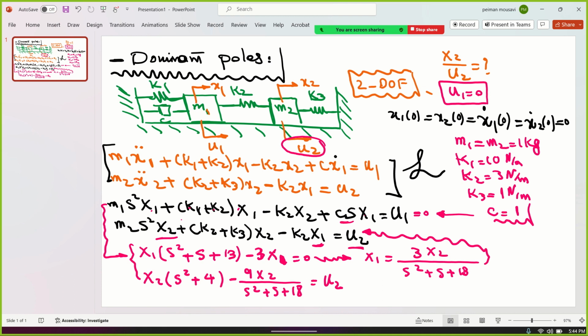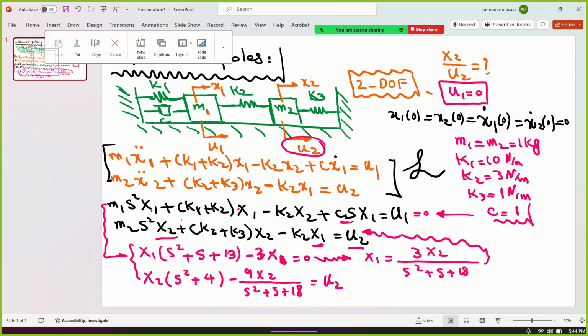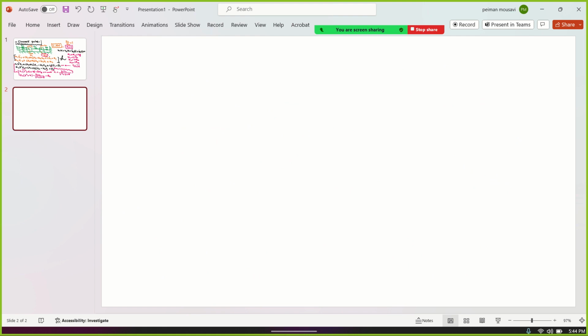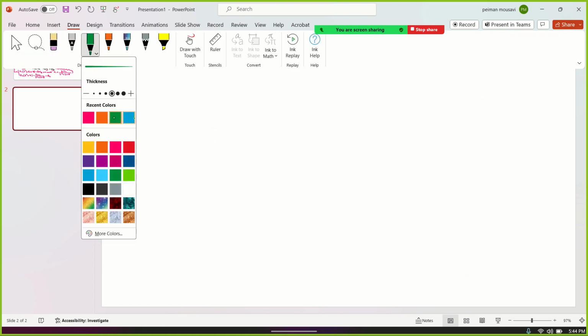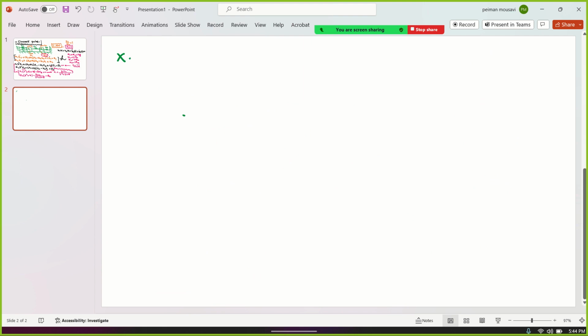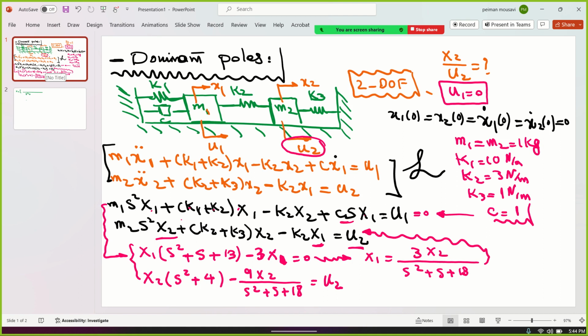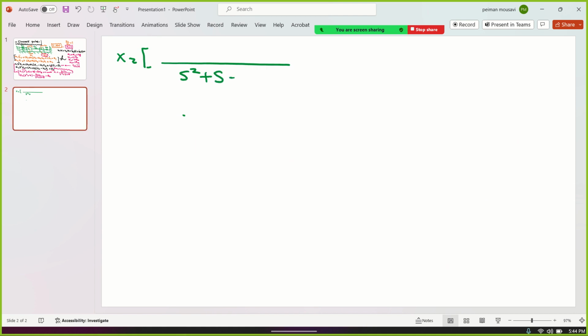Can I go to the next page? Changing the color of that, I'm factoring out x2. Here it's going to be s squared plus s plus 18.